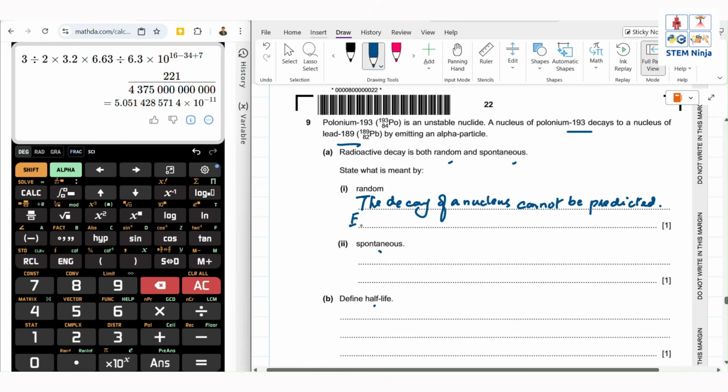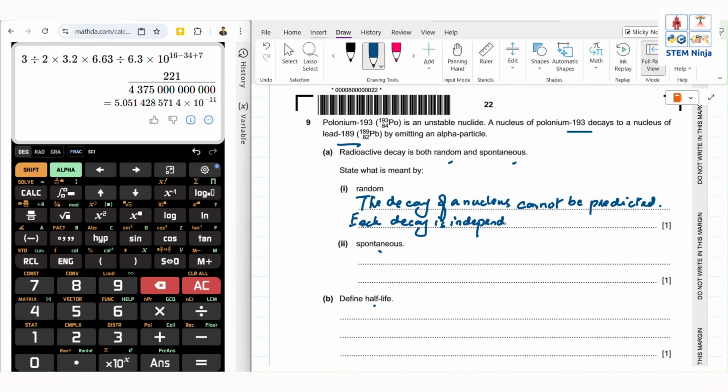Each decay is independent with a fixed probability of decay in a time interval.